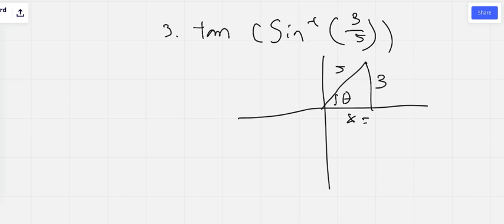If we use the Pythagorean theorem, because here you have a right angle triangle, it will be the root of 5 squared minus 3 squared. It will be equal to 25 minus 9, which is 16. Root 16 is equal to 4.